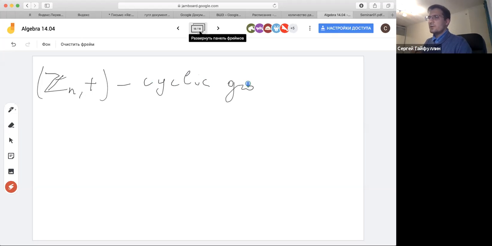Let us show that each subgroup in this group is cyclic, and it is just a subgroup generated by D, where D is a divisor of n.